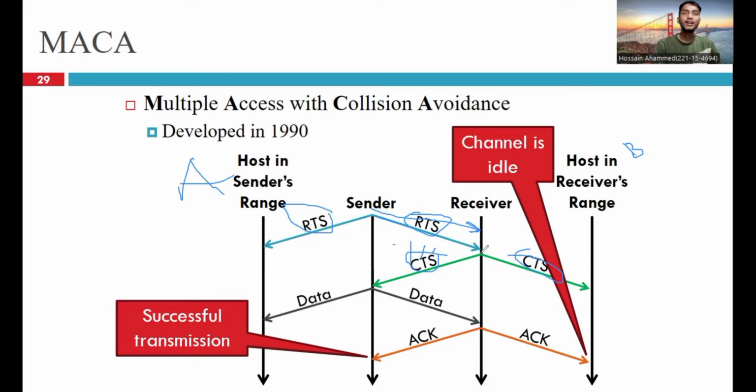When the receiver device returns the CTS message to the sender device, the sender can understand that the network is okay to receive the data. At that time the sender device sends the data to the receiver device, and when the receiver collects this data, it returns a message to the sender, called ACK.